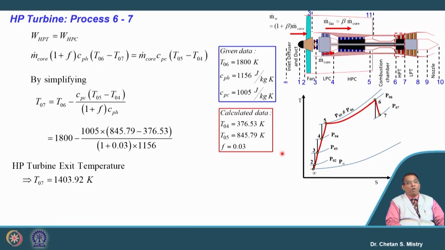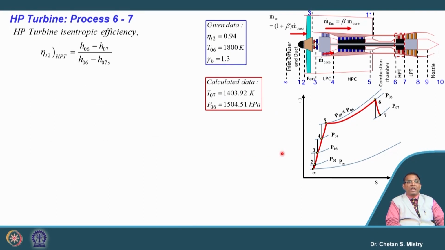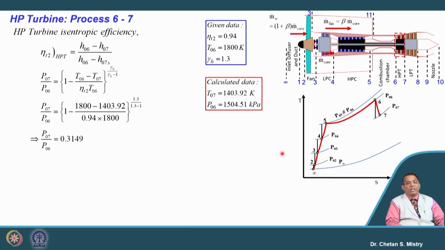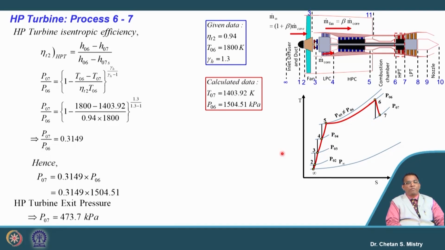Okay. Now, what information we have is our turbine efficiency, and from the relation for the turbine efficiency, we can correlate that in terms of pressure ratio or the expansion ratio, and based on that, we calculate the exit pressure. This exit pressure is coming to be 473.7 kilopascal.